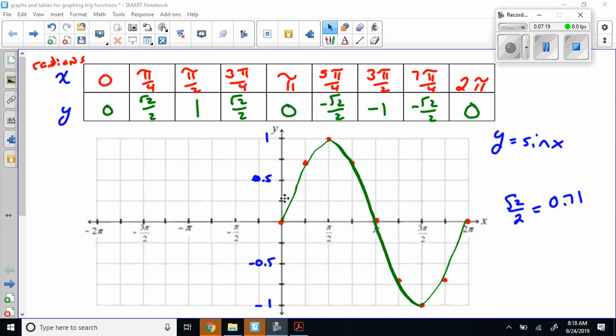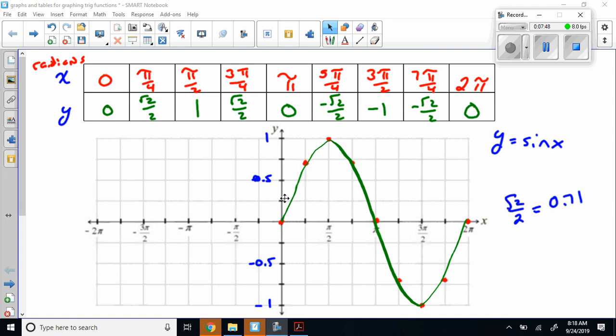Yeah. What does it mean when it goes like that shape? It means it's a sine wave. Okay. Oh, it is.